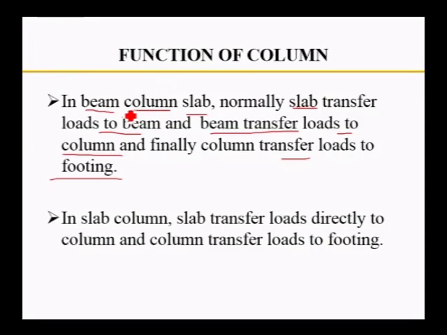If it is a frame structure consisting of column, beam, slab, footings and all, then ultimately the load will be taken by the column from the beam and slab, and that load will be transferred to the footing. The footing in turn transfers it to the soil. If there is only a slab and column, a slab column section, then the slab transfers the load to the column and then the column transfers the load to the footing. This is the system in RCC frame structures. Mainly the column is used to transfer the loads from beam and slab to the footing.